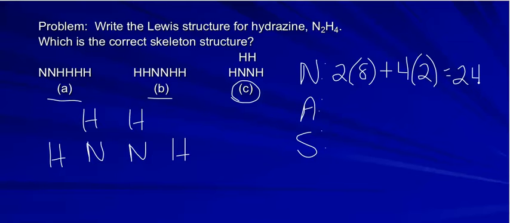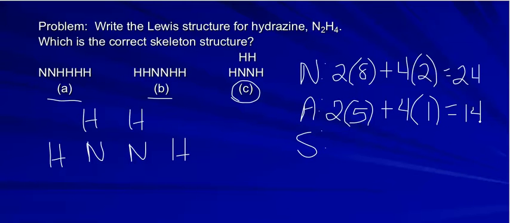The number available, I have 2 nitrogen. Each nitrogen has 5 available, 4 hydrogen, and they have 1 available. So that's 14. N minus A equals S, which is the number shared. There would be 10 shared electrons.